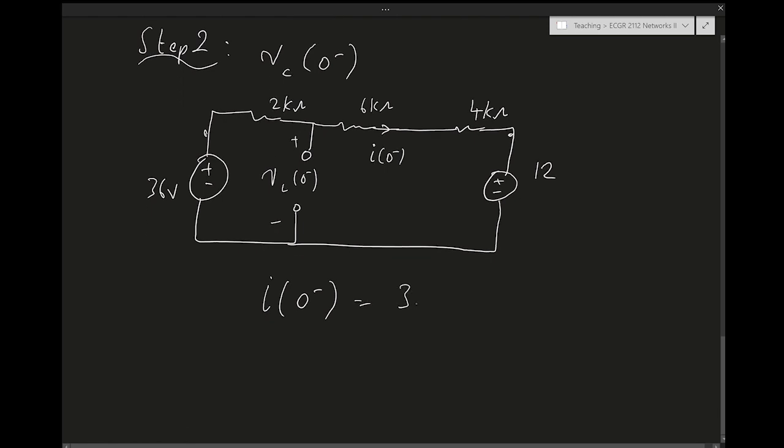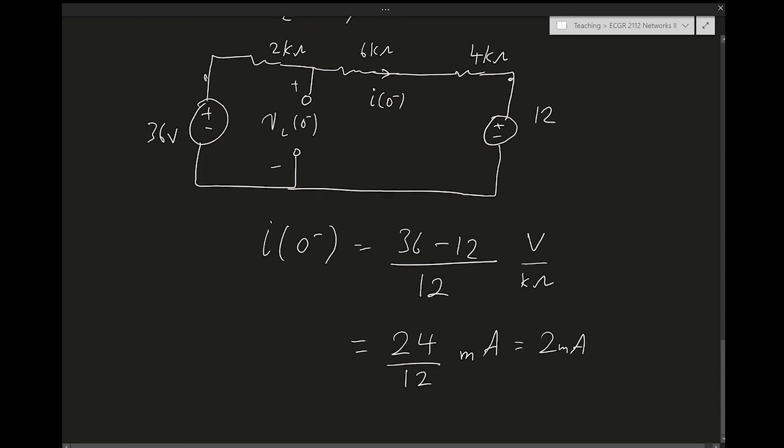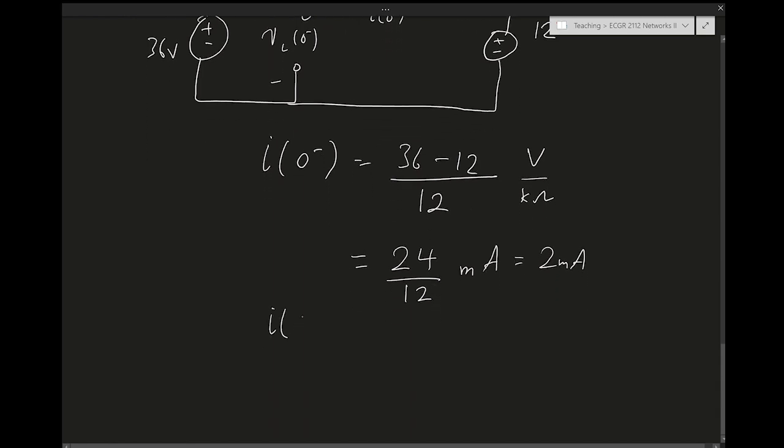The voltage is 36 minus 12 volts divided by 12 kilo ohms. So what's 36 minus 12? 36 minus 10 is 26. 26 minus 2 is 24 over 12 milliamperes. So that's 2 milliamperes. That's what I(0-) is, 2 milliamperes.